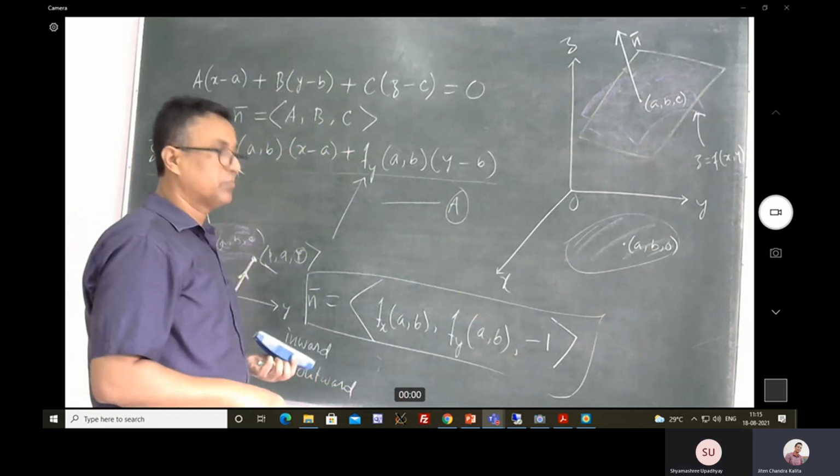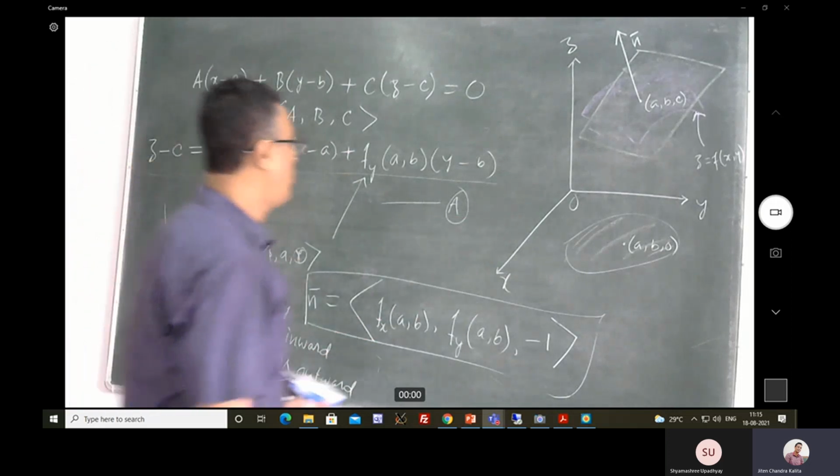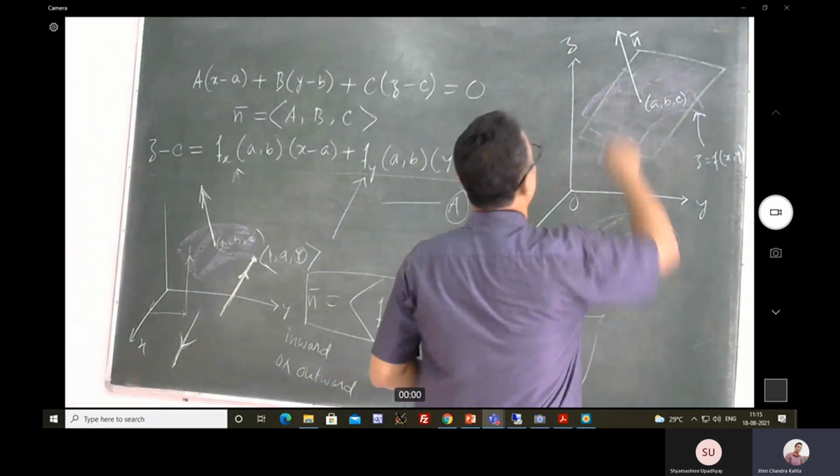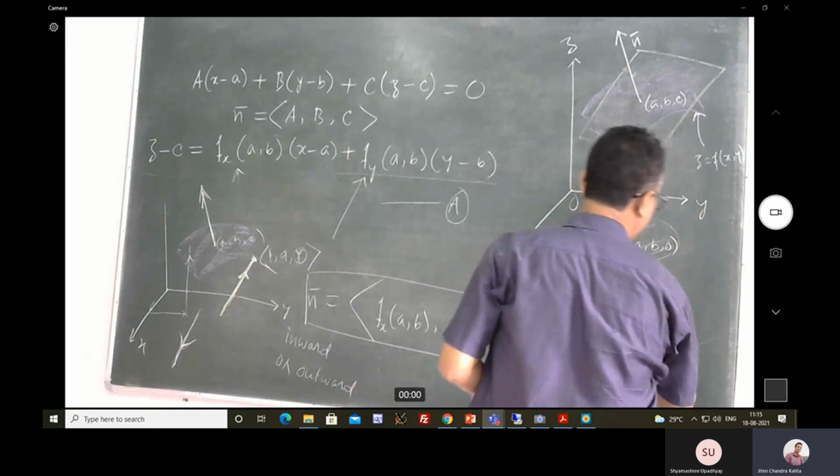Yesterday I had shown you a figure. I'll try to come back to that. Over there, while depicting this normal, they were writing it as minus n.